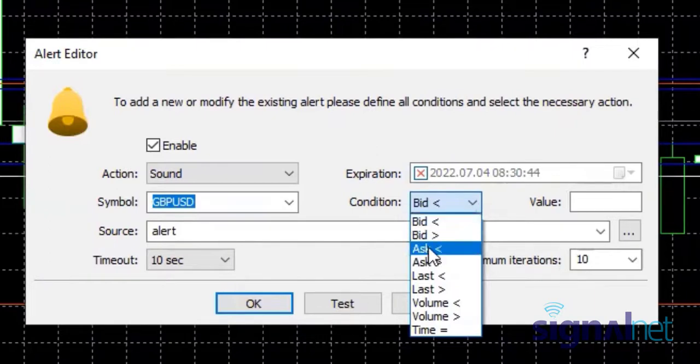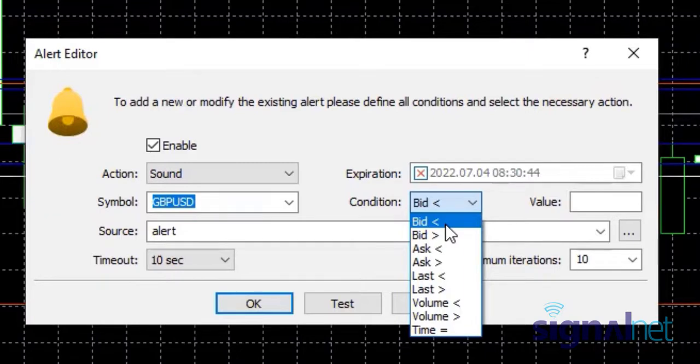Forget about acts, last, and all that, volume and the time. Just focus on bid, the first two bid. If you are targeting a price higher than the current market price, use the one showing greater than. If you're targeting one lower than the current market price, use the one showing lower than. Is that clear?